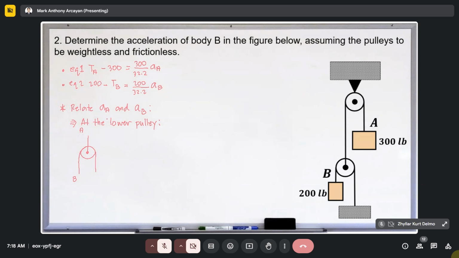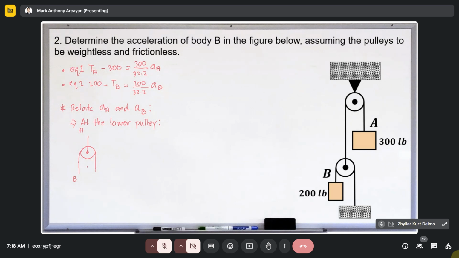Now, to relate acceleration of A and B, we will start our analysis with the displacement. We're going to relate the displacement, and then next is its velocity, and finally its acceleration.